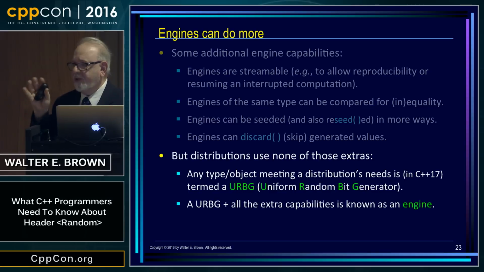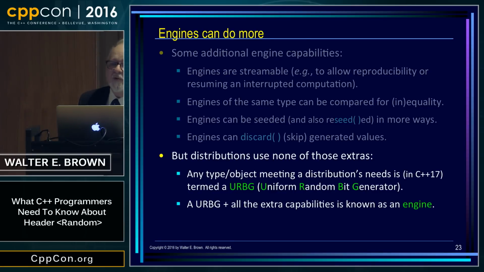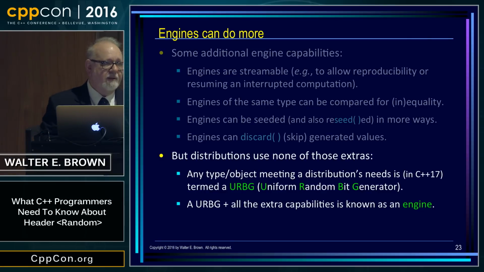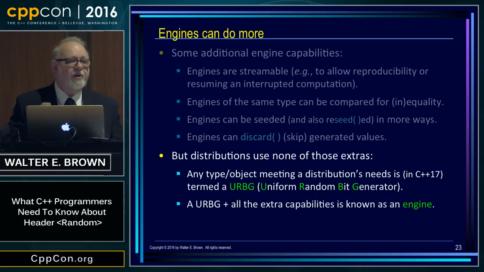We changed the nomenclature very slightly for C++17. A uniform random bit generator. It's the only thing you should ever use one of these things for, is as a source of uniformly distributed random bits. And as I say, take it, pass it around to some consumer of those bits, and then you use the result of what that entity gives you.